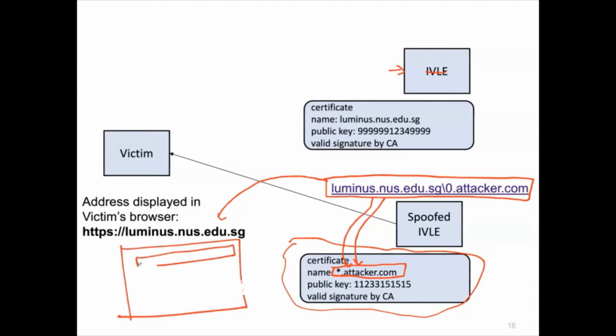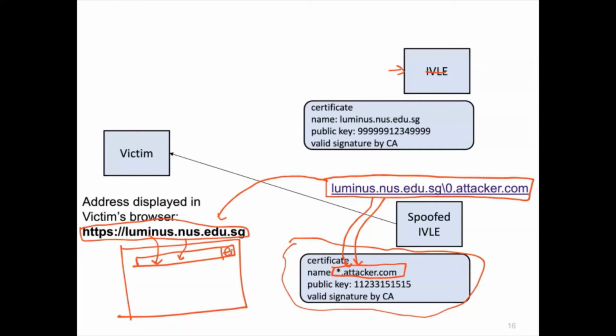Suppose the user is very careful. He knows about the concept of a certificate authority, SSL and so on. So he looks at this and finds that this is luminous.nus.edu.sg, and there's a padlock, which means the certificate is valid.